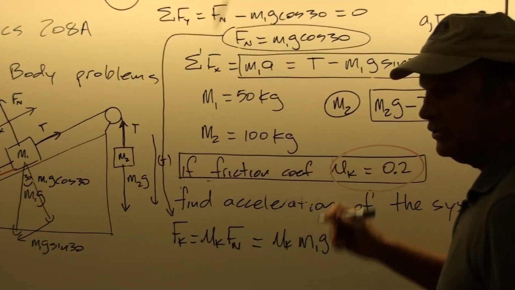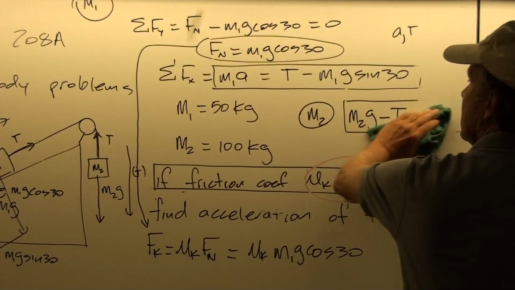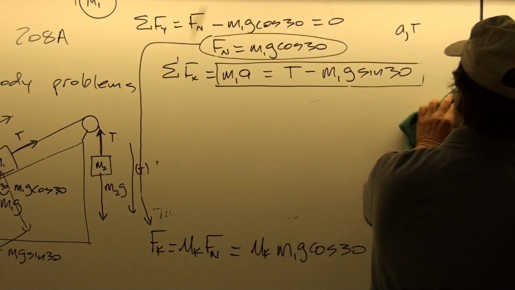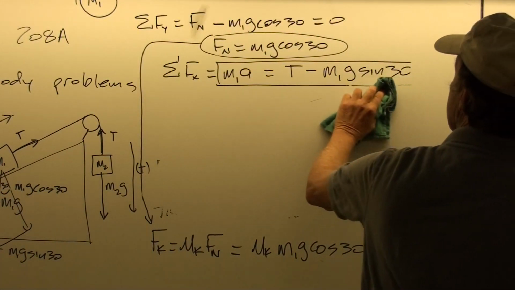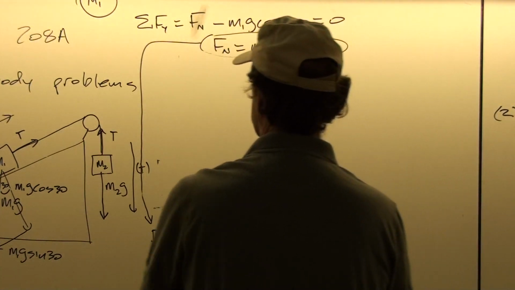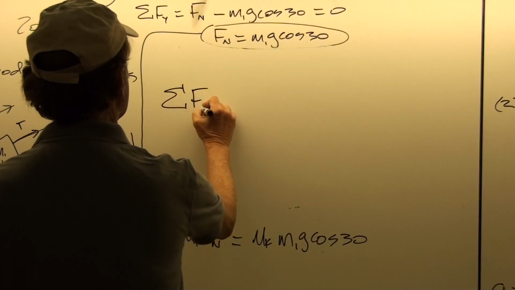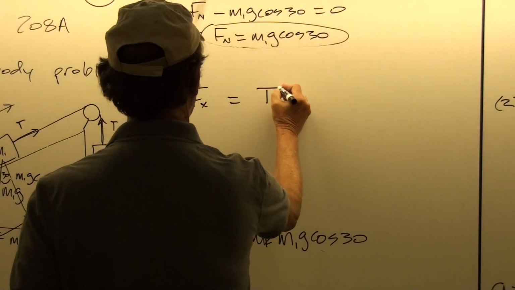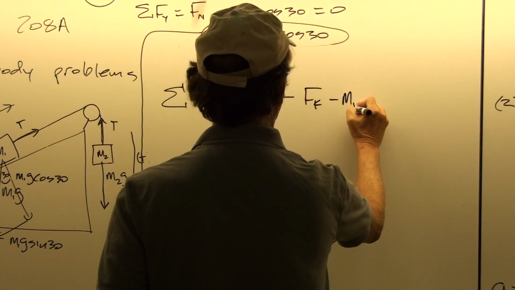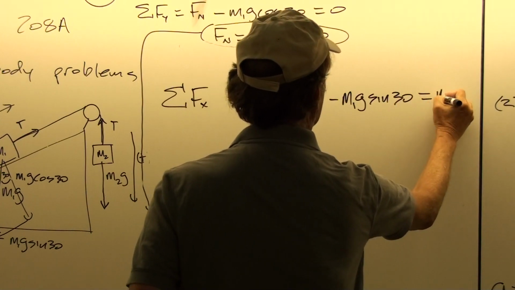But now we're going to have to adapt our equations here. We can't just say T minus m1g sine 30. That's not good enough anymore. The sum of our x forces for this problem now is going to be T minus Fk minus m1g sine 30 equals m1a.